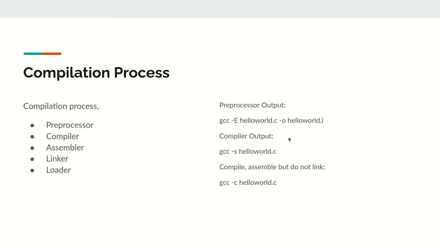Here we are seeing only one file, hello world.c, and it is converted to hello world.o. But in a big program or a big project, we will have many files. They will be individually compiled and object files generated, then linked in this phase to make it a single program.